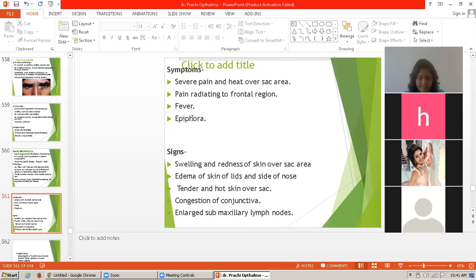And in the signs we can see that there is swelling and redness of the skin over the sac area with edema of the skin of the lid and the side of the nose. So there is tender and hot skin over the sac with congestion of the conjunctiva and enlarged submaxillary lymph node.